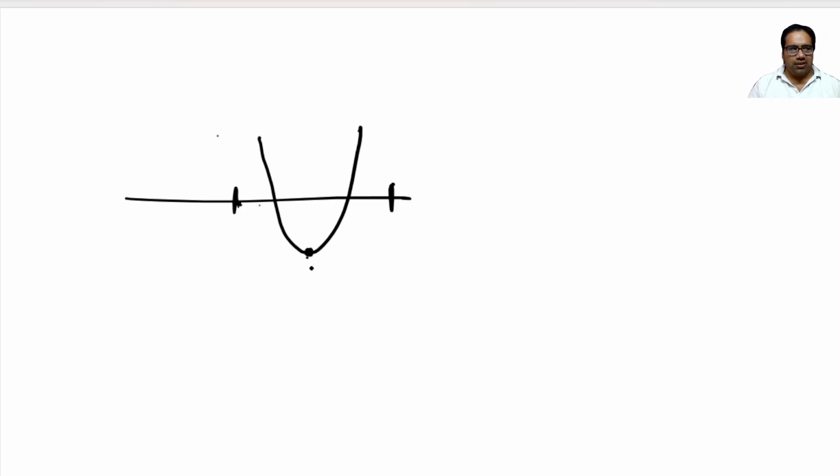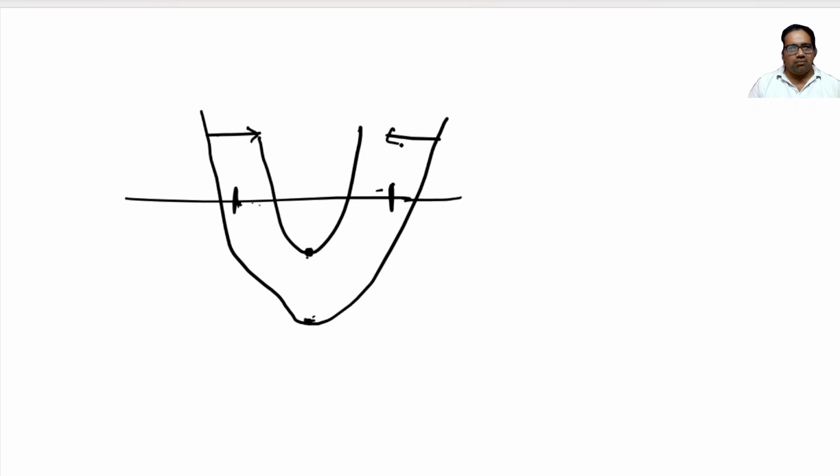The vertex is between these 2 points, but we can always draw a parabola like this, where the roots are not between these 2 points. Now we have to bring these two roots also between these 2 points. How do we do that? When f of this point is greater than 0, and f of this point is greater than 0, then connecting the vertex to those points, the curve will automatically cross the x-axis between these 2 points.